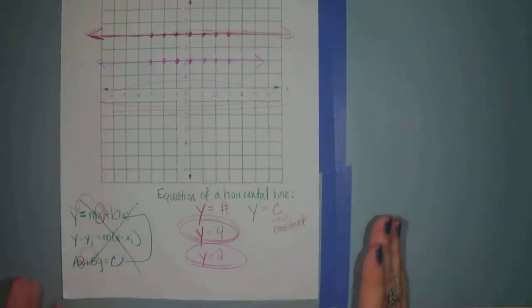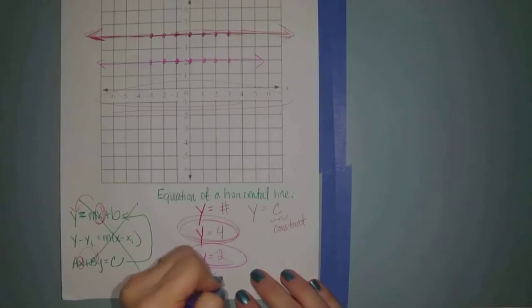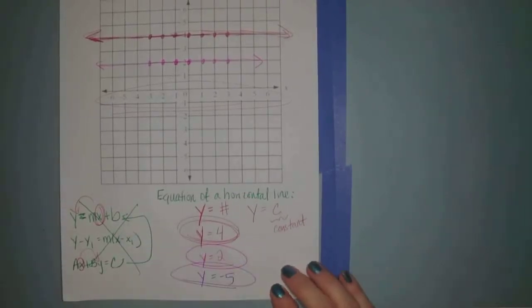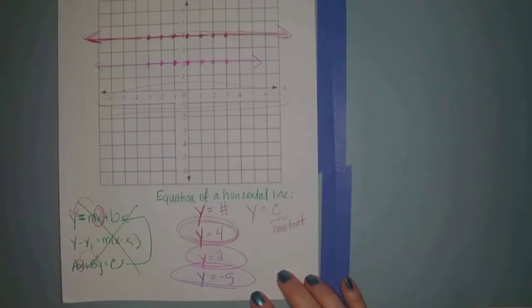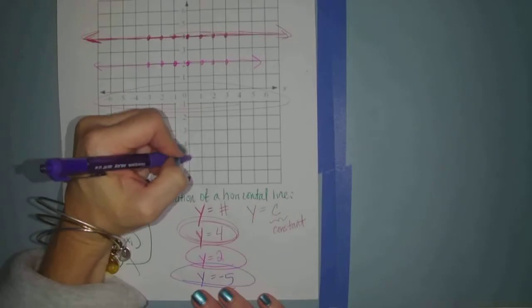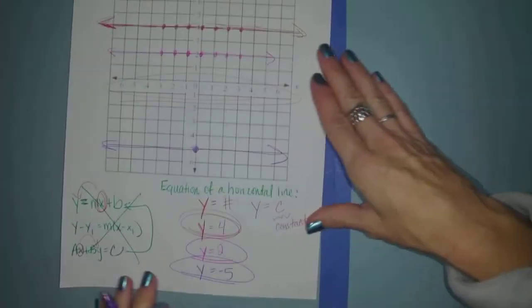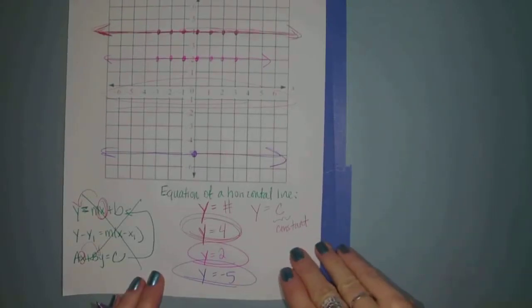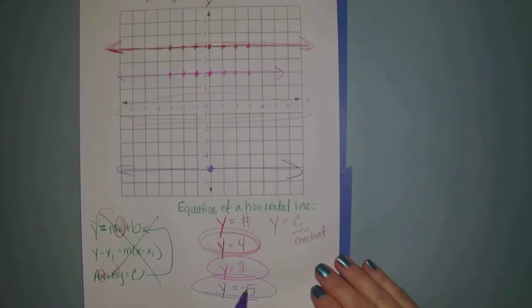You can do negatives. Maybe we do y = -5. No problem. It's still y equals a number. It's still the equation of a horizontal line. Now you just go negative. So 1, 2, 3, 4, 5. y = -5, and zip it through horizontal. You are done. So the equation of a horizontal line: y equals a number.